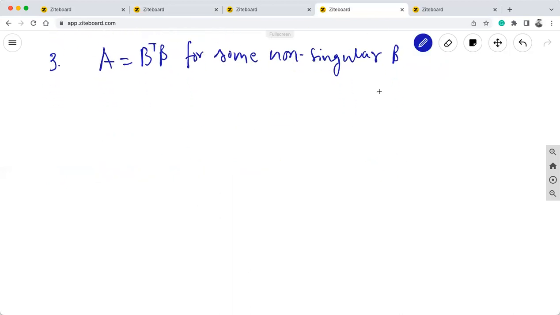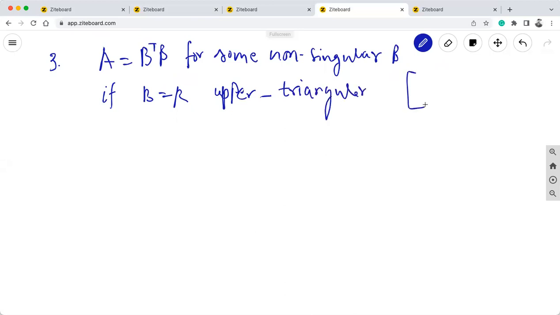And if this B is actually R, where R is some upper triangular matrix, that means the matrix will look like this.